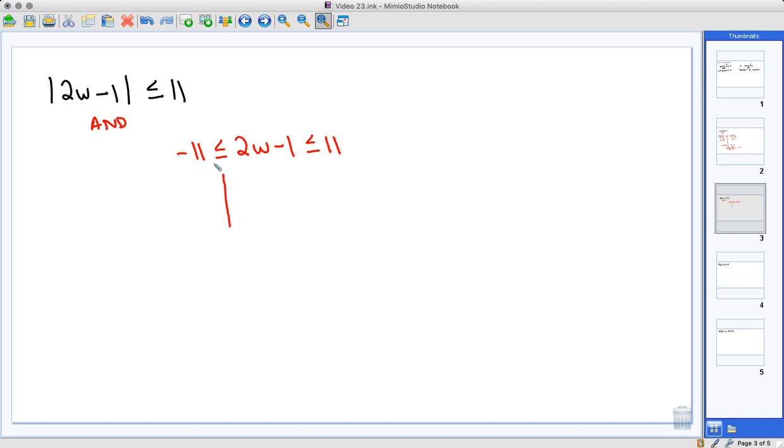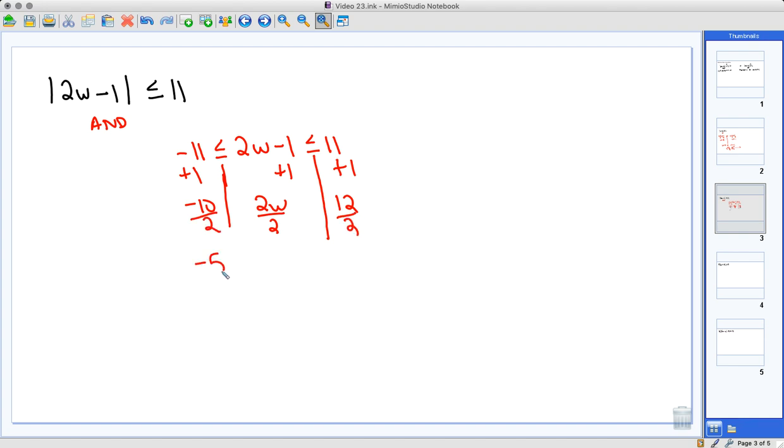Then remember, we draw our lines down from both of our inequality signs. So I'm going to add 1 in the middle, add 1 on the left, add 1 on the right. Negative 11 plus 1 is negative 10. 2w in the middle. 11 plus 1 is 12. Divide by 2.